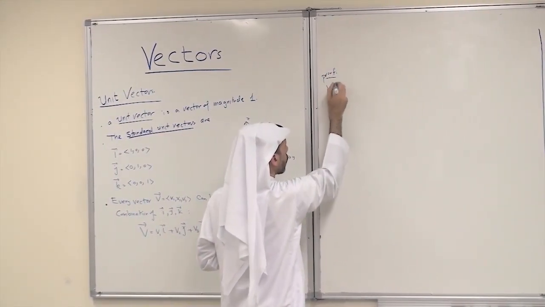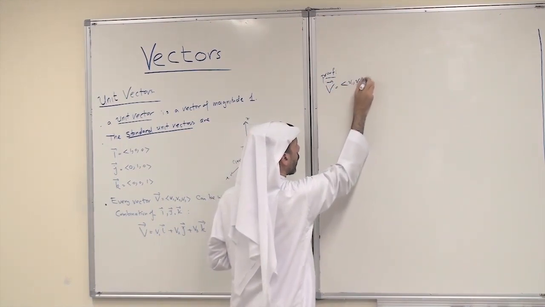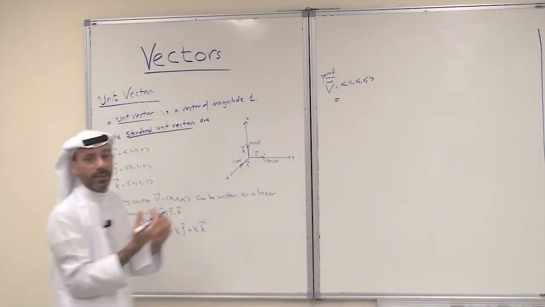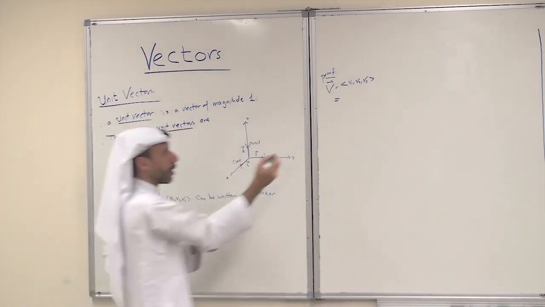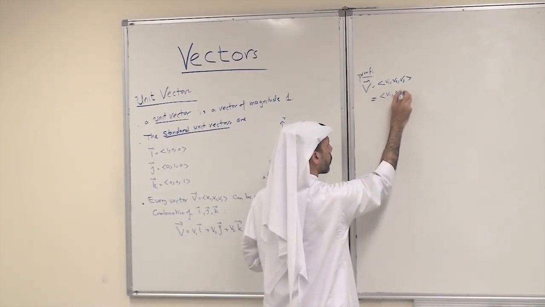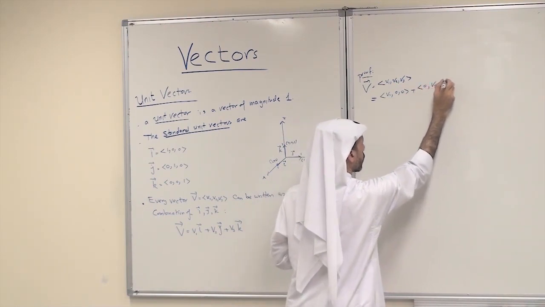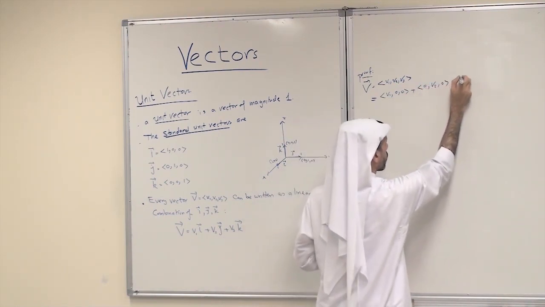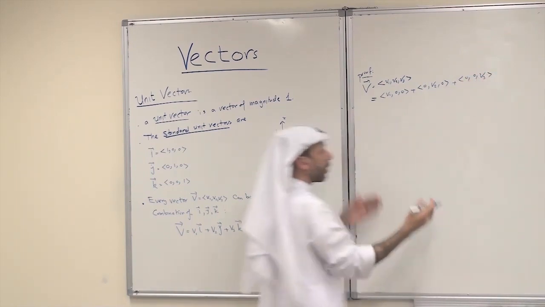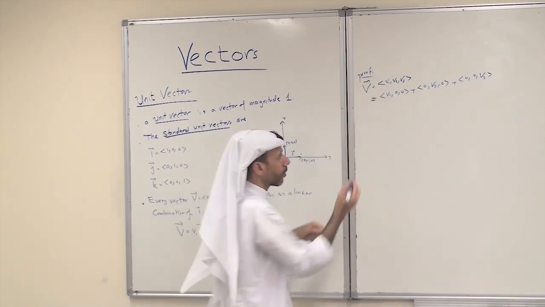If I take the vector v, just (v1, v2, v3), then I use the properties of addition. I can write it in this manner: (v1, 0, 0) plus (0, v2, 0) plus (0, 0, v3). In fact, if I add these three vectors, I will get the original vector.